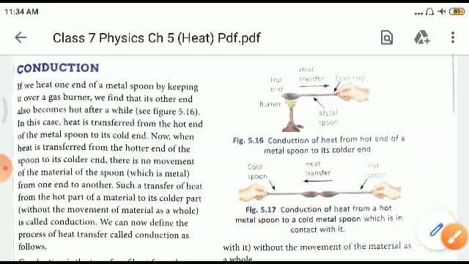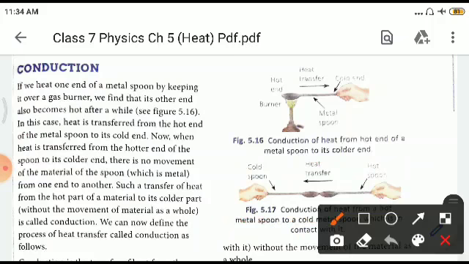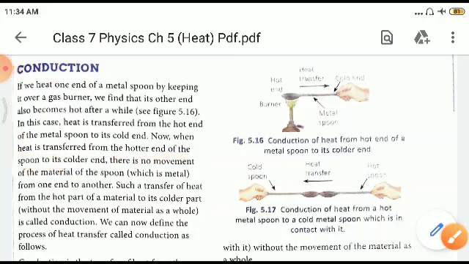Because the other spoon was cold and the main spoon was heated and hot, we can say that heat is transferred from a hot region to a cold region, right? Heat is transferred from a hotter end of the spoon to a colder end, or from a hotter spoon to a colder spoon.